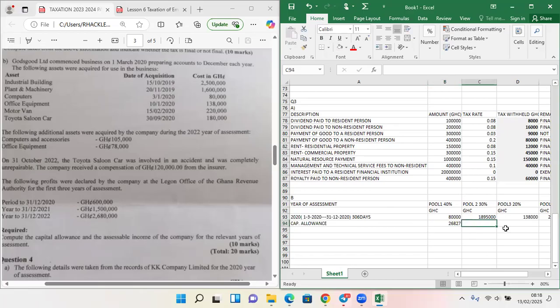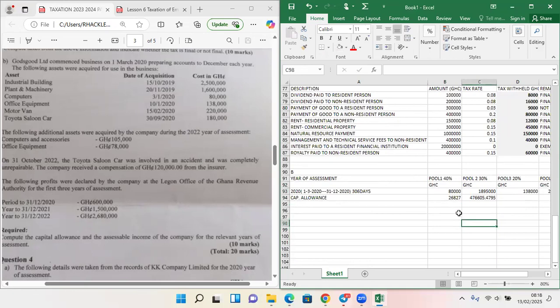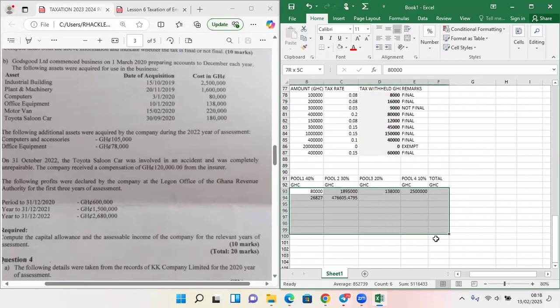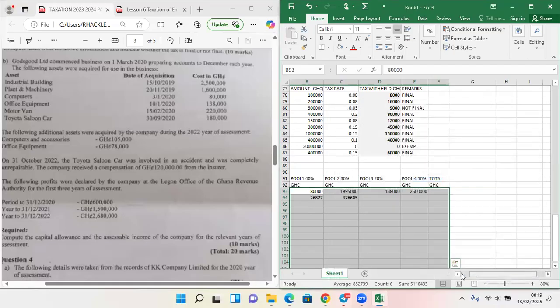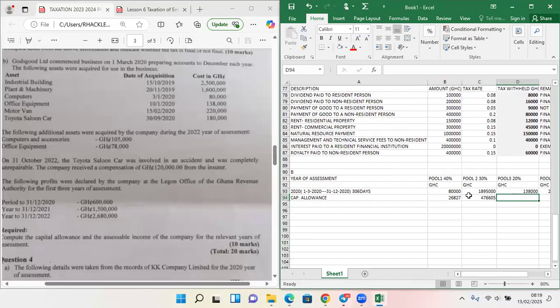For this one will also be equal to 0.3 times 189,500 times 306 all over 365. All right.